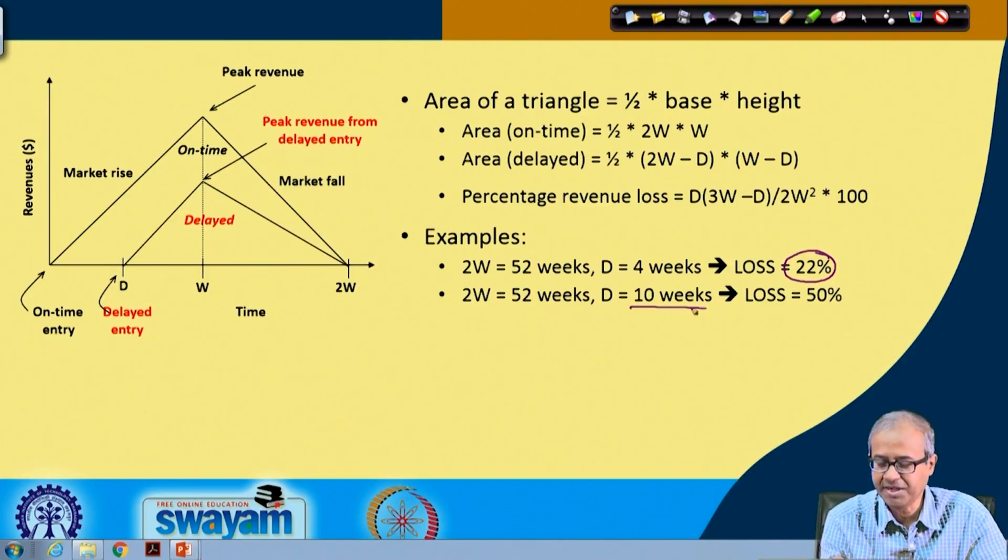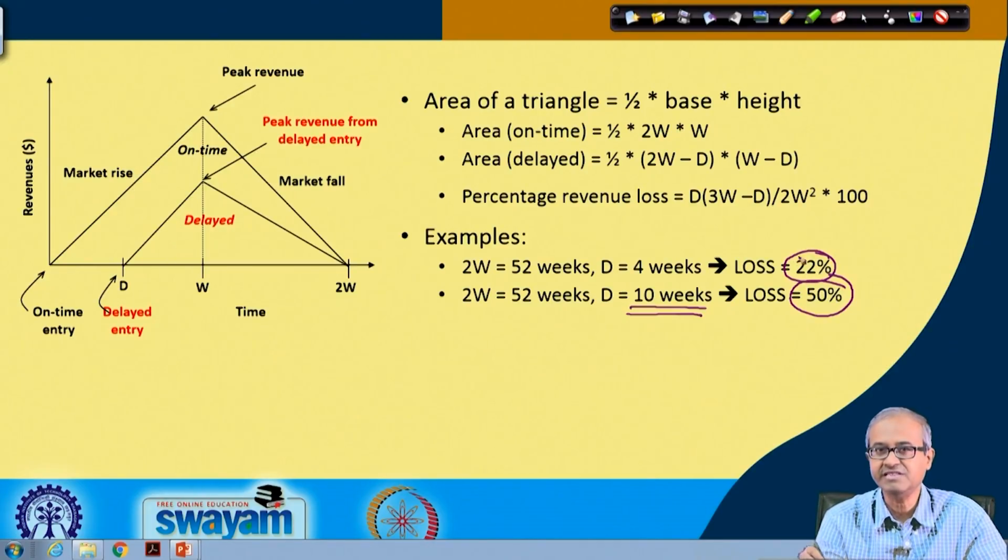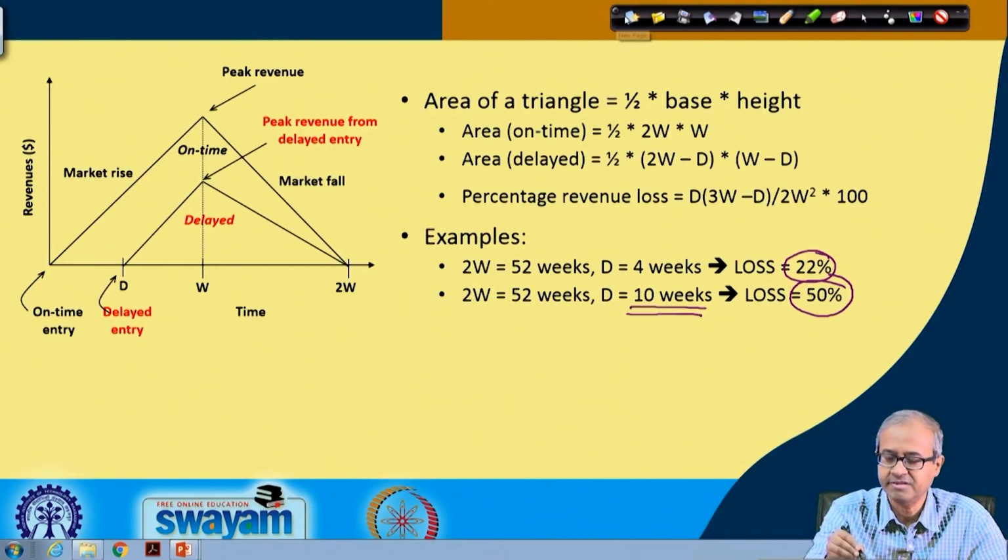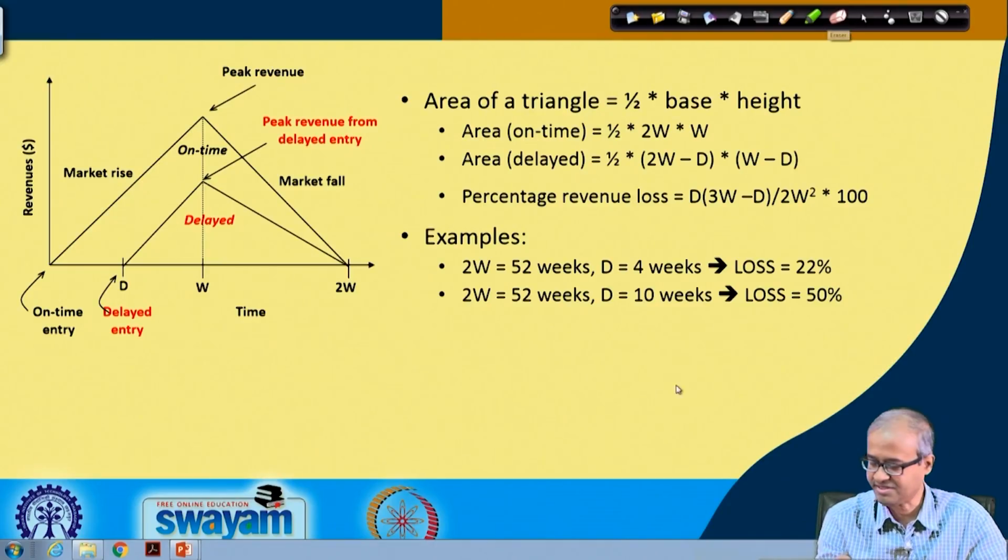But if you are delayed by 10 weeks, your loss becomes as large as 50%. Okay? So, you see that your loss increases very rapidly and this delay becomes very costly for the financial viability of a product, right. This is a very important consideration.